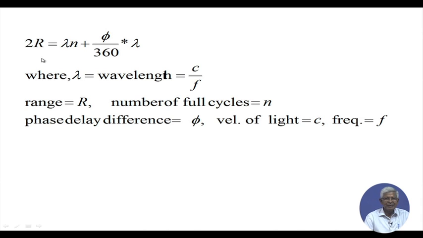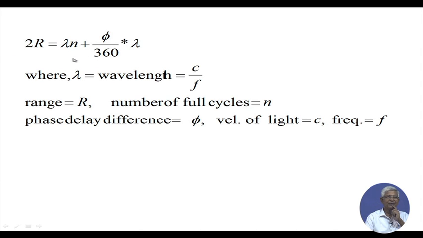But then you are sending a tone. Let us see, if r is the range, then 2r is many times the wavelength lambda that has gone once it has reached the satellite and come back. So there will be n full wavelengths and a fraction of a wavelength. That is what you will be receiving.